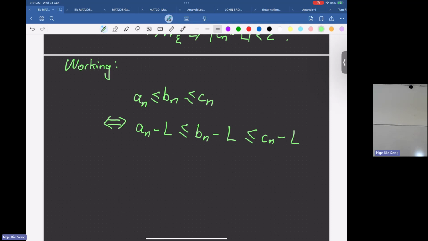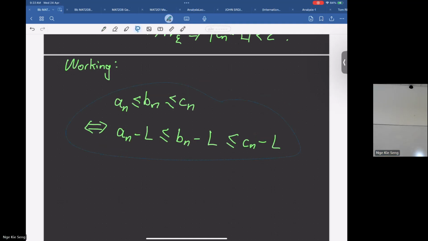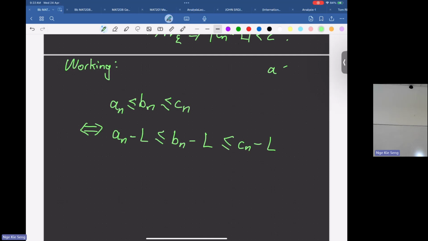Okay, and then give absolute value to all of them. Is it true that A less than B implies absolute value of A less than absolute value of B? No, right?